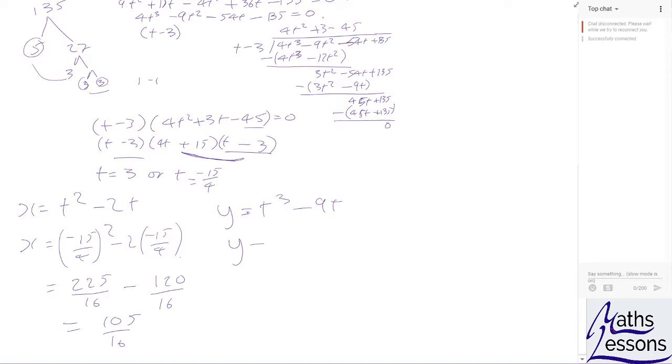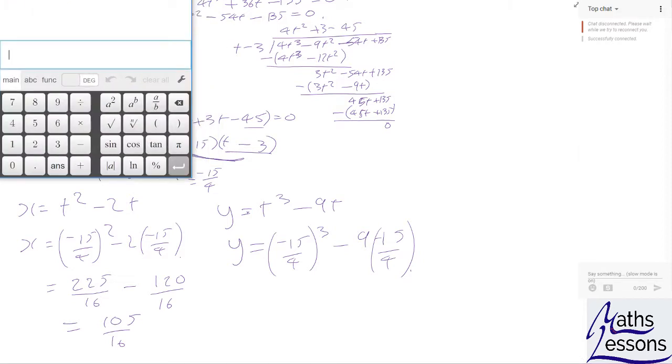And my y value is going to give me minus 15 over 4 cubed minus 9 times minus 15 over 4. Unfortunately, I can't remember what 15 cubed is.